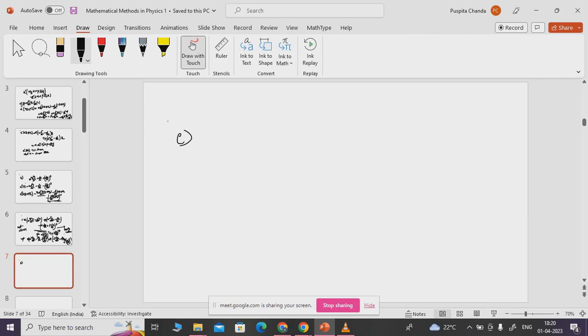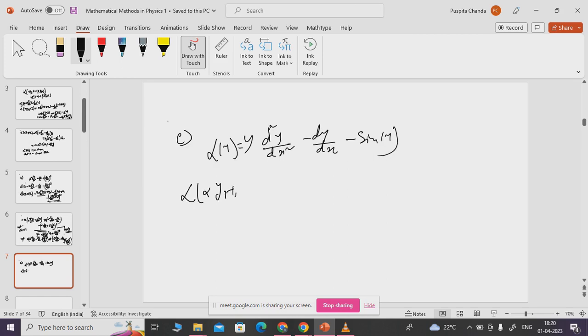Again for part c, the operator on y is d2y/dx2 minus dy/dx minus sine of y. This is the operator on y.